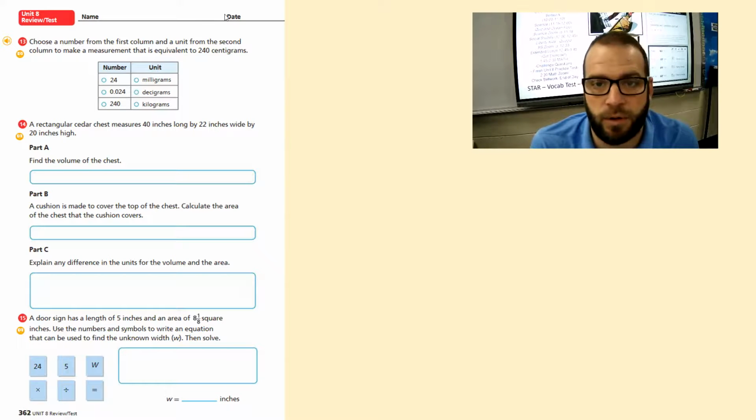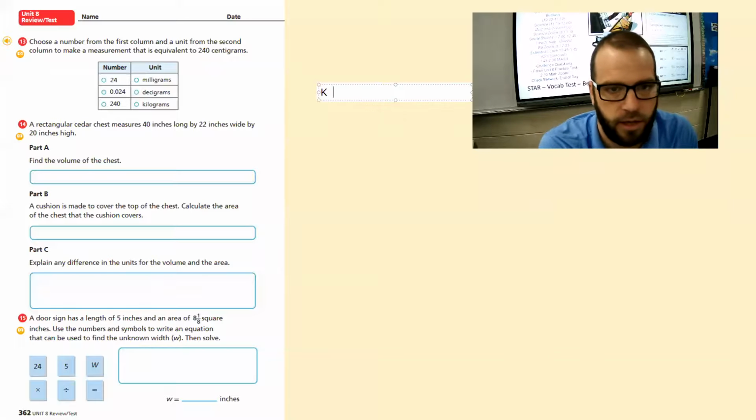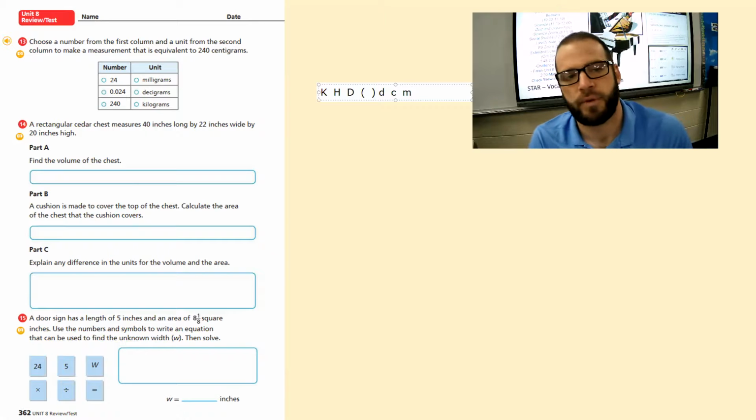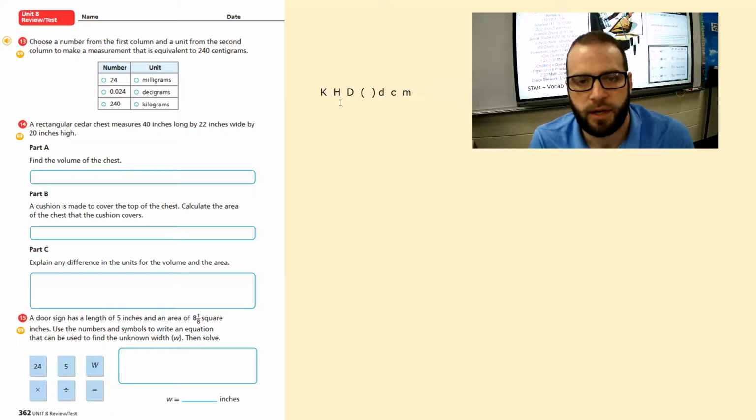What I would do if I were you is put my 240 here, see what the rest of these are real quick, and then check it with this. Which one of these works?